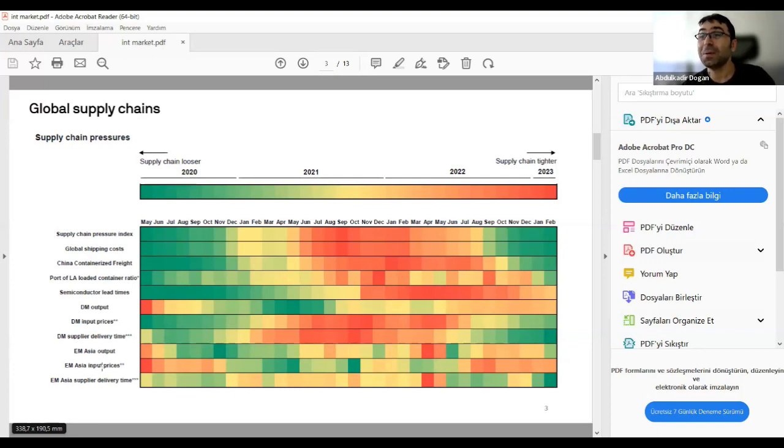Because of this, we have product and customer differentiation. There are people who accept waiting 1 or 2 months and pay the normal price, and people who are not patient and pay higher prices. So I give priority to their orders, and the prices increase in the market. If there's supply chain pressure in the market, you should keep in mind that this will have an inflationary effect because prices will go up.